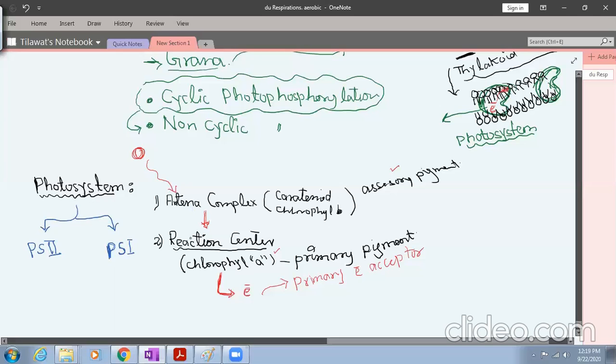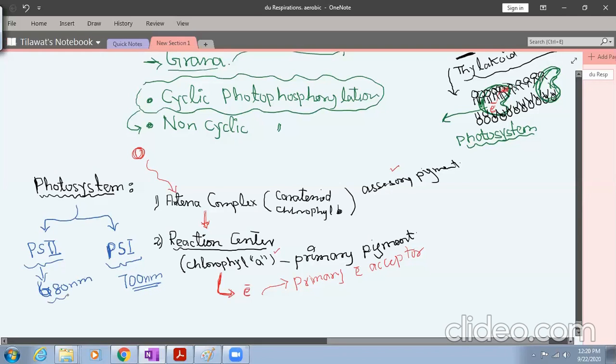Both have an antenna complex and a reaction center, but they differ on the basis of the specialized chlorophyll A. One contains chlorophyll A that absorbs light of 700 nanometer wavelength, while the other absorbs, I think, 680 nanometer light.